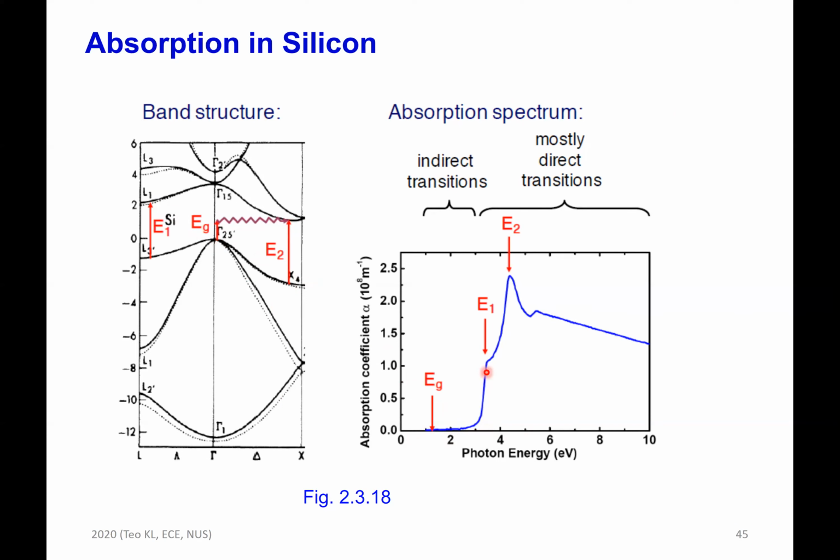And then you have an E1 transition, which is due to the direct transition in the indirect band gap semiconductor in silicon. And then you also have an E2 transition. E1 occurs at about 3.2 eV, and E2 occurs at about 4.5 eV.